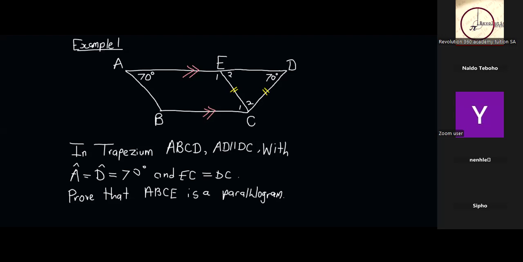But as you can look at this diagram, since they're telling us that ABCD is a trapezium, we have those angles which are already elaborated. Hence, there's no need for us to draw anything. But for us to be able to prove that ABCE is a parallelogram, we'll use one of those proofs that I showed you in the previous video.